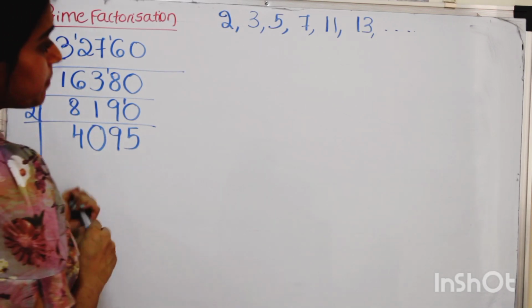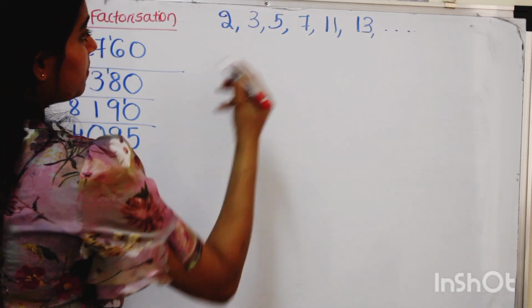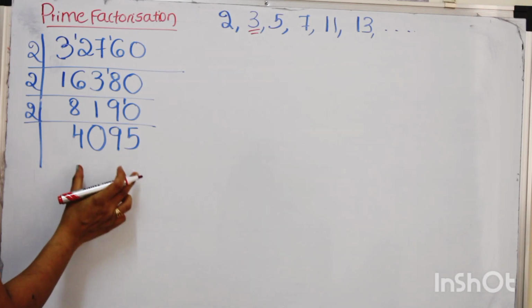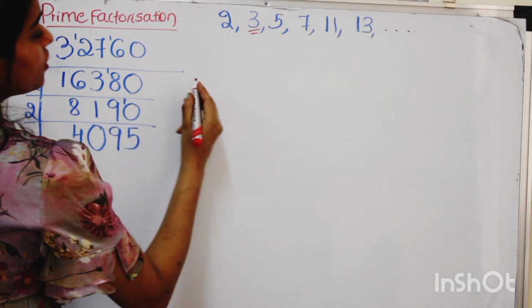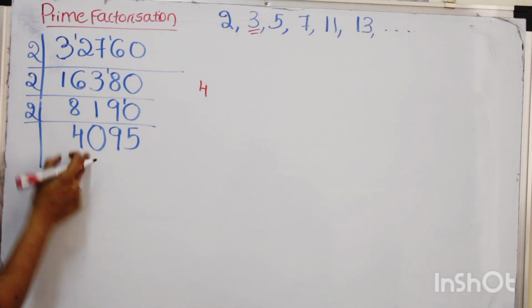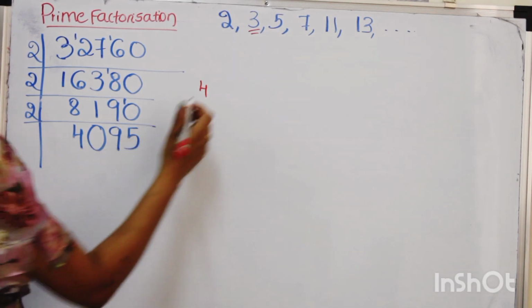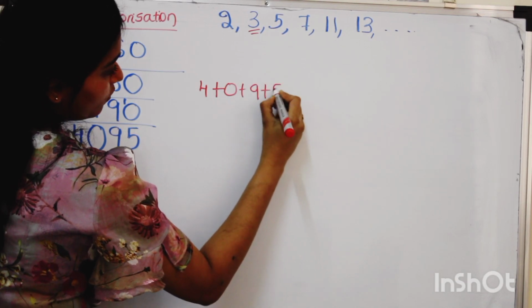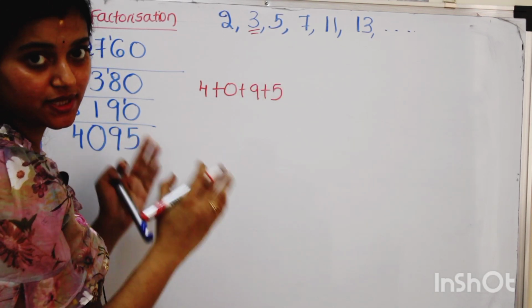So the next prime number is 3. But you don't know whether 4095 is divisible by 3 or not. So let us check. You have to add all the digits in this number. So which are the digits? 4095. So add 4 plus 0 plus 9 plus 5. Why? To check whether it is divisible by 3.